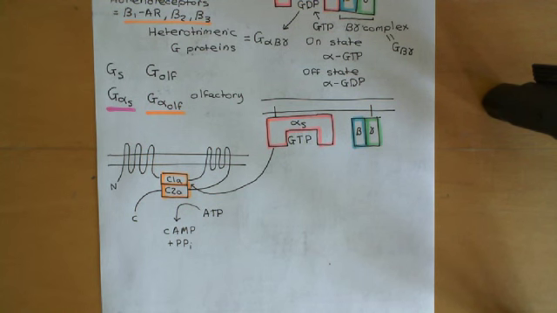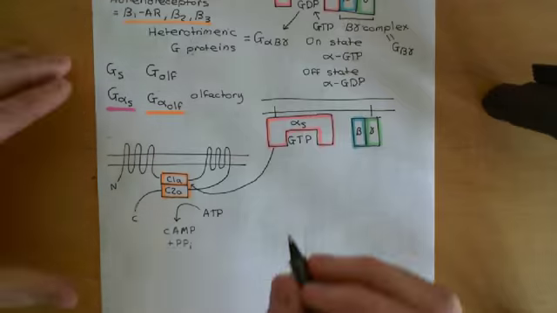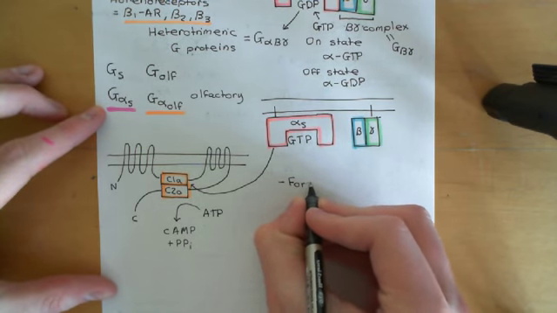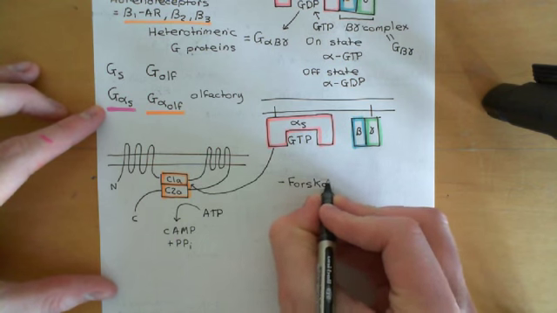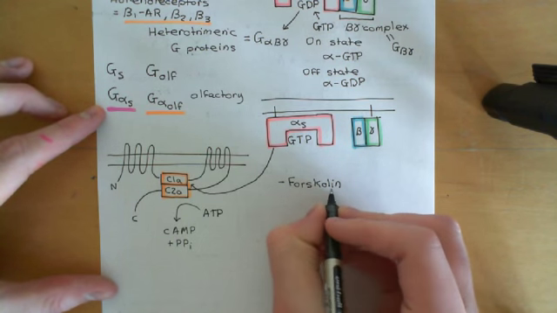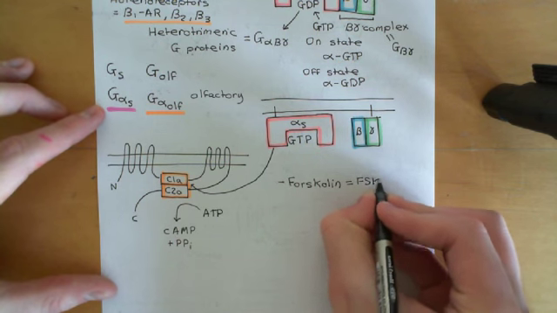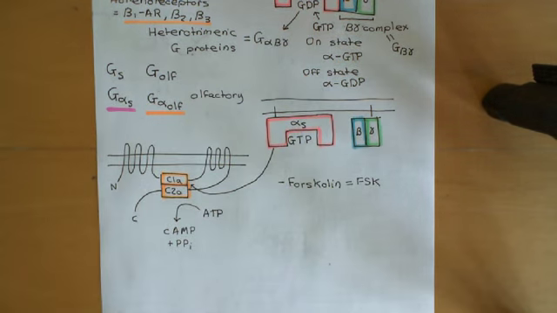Okay, now, before we go on to have a look at what the cyclic AMP is actually going to do, I just want to mention how the drug forskolin can activate adenylyl cyclase 1 to adenylyl cyclase 8, but remember, not adenylyl cyclase 9. Forskolin is often abbreviated as FSK, and it comes from plants.